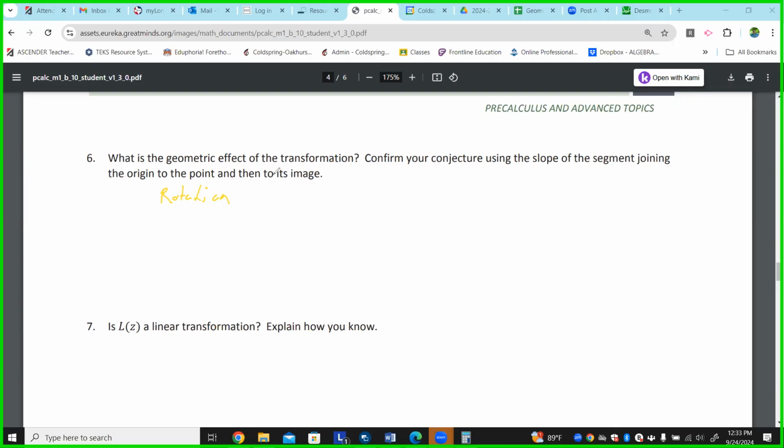Very good. We saw a rotation of 90 degrees counterclockwise every single time. So when multiplying by i, we have a rotation. And when we multiplied by a real number, we had a dilation.